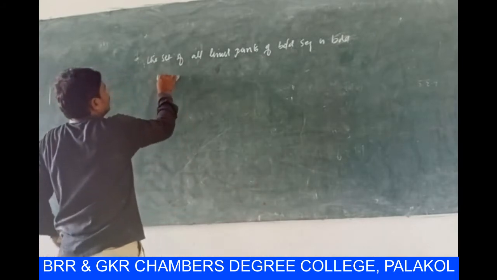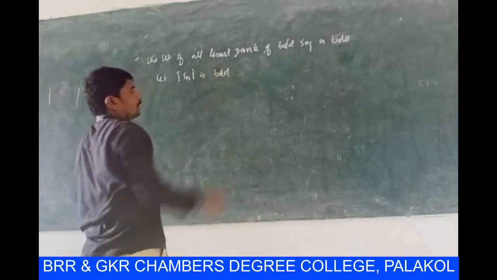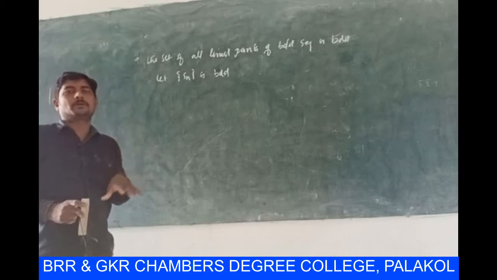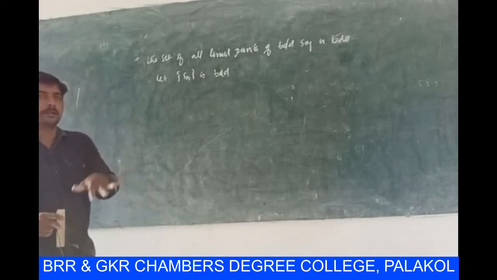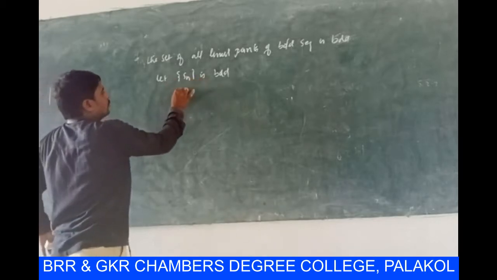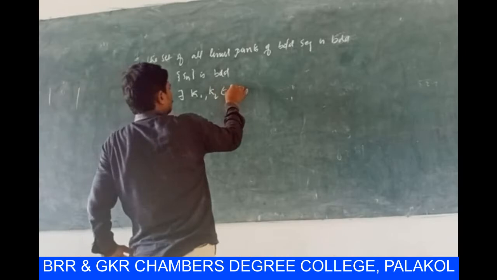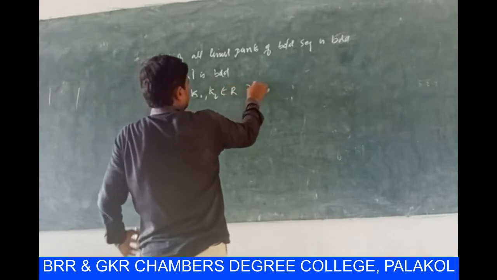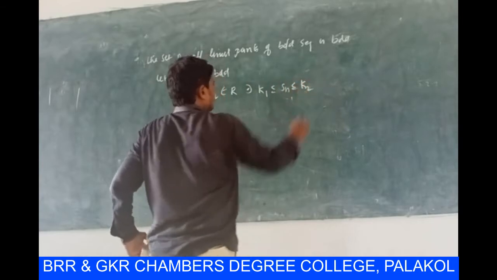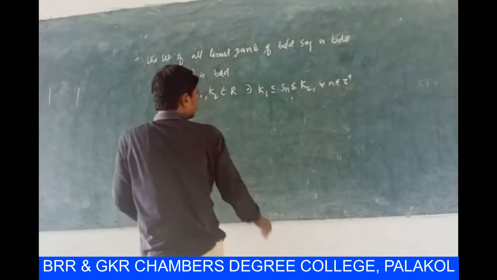I am supposing that a sequence Sn is a bounded sequence. A sequence is said to be bounded if it has a lower limit and an upper limit, that means infimum and supremum. So whenever it is bounded, there exist k1, k2 belongs to R such that k1 is less than or equal to Sn is less than or equal to k2 for all n belongs to Z+.